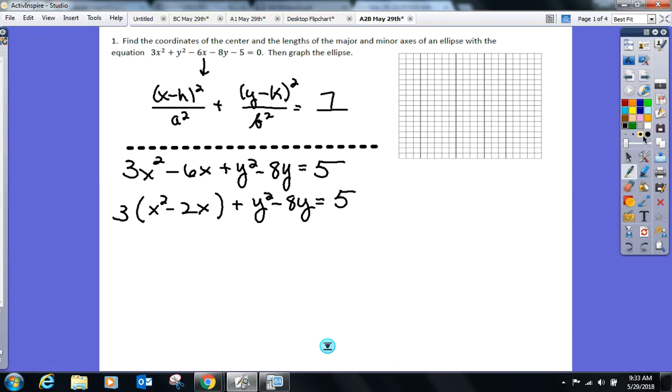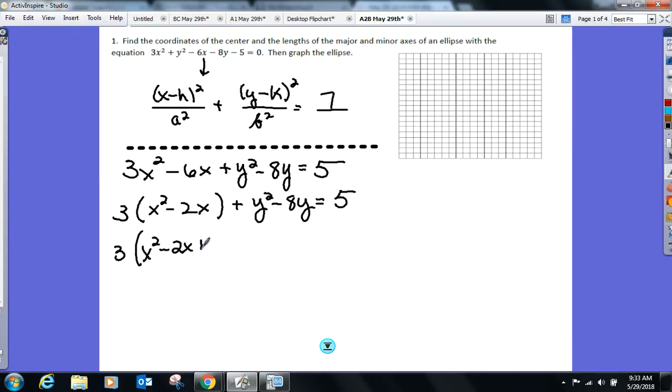Yes, correct. This number I'm going to add will not be a variable. You are correct. How do I get that number is the question. Ready? X squared minus 2x plus something. Anybody remember how I get that something? There's a little process behind it.